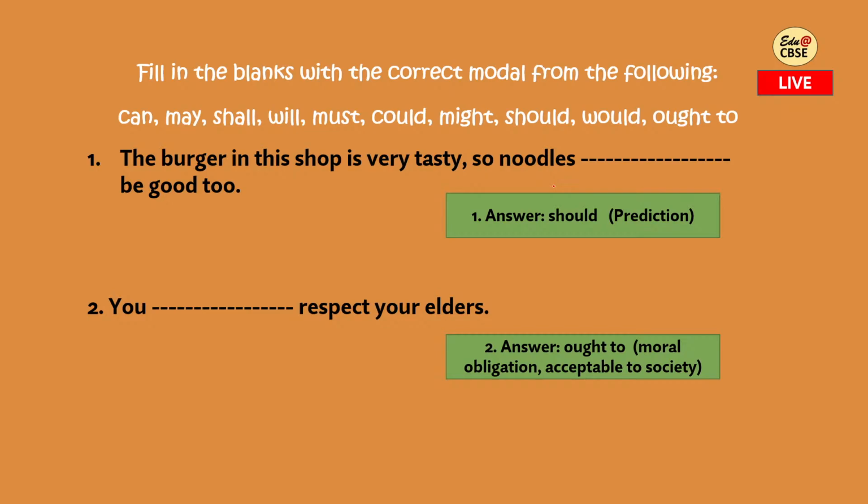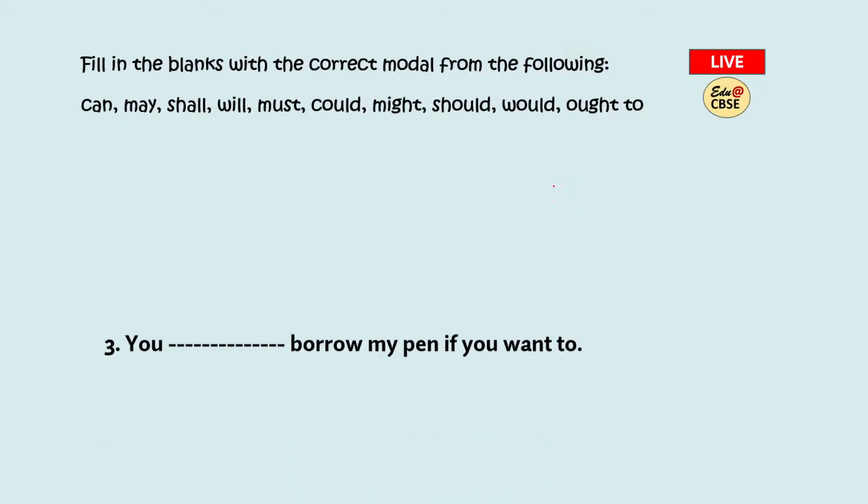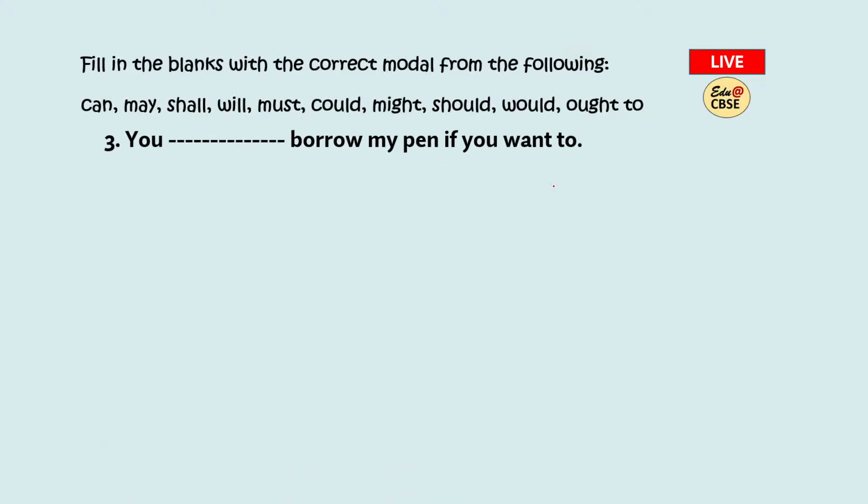Now let's move on to the next one. This is your third sentence. You dash borrow my pen if you want to. Okay, I am getting answers. May, yes. Can, okay.